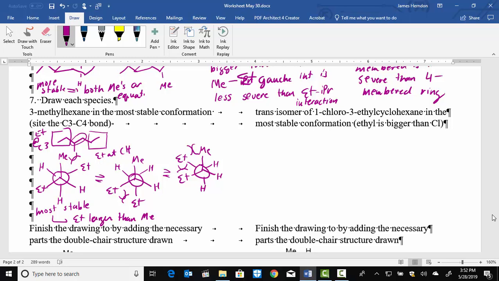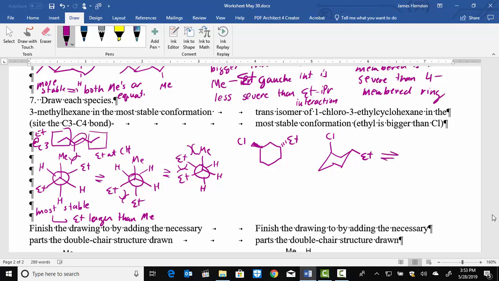Okay, trans isomer of 1-chloro-3-ethylcyclohexane in the most stable conformation. Okay, so that would be this compound. To do this, you'd have to consider both isomers, or both ring flip conformers. So let's put chlorine up, ethyl down.